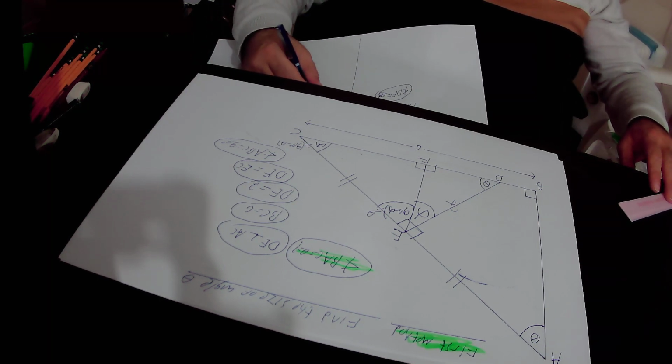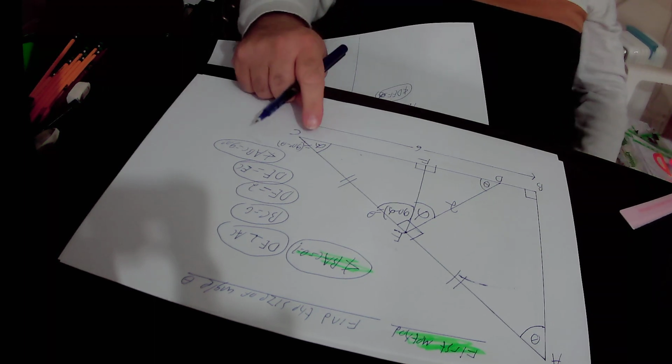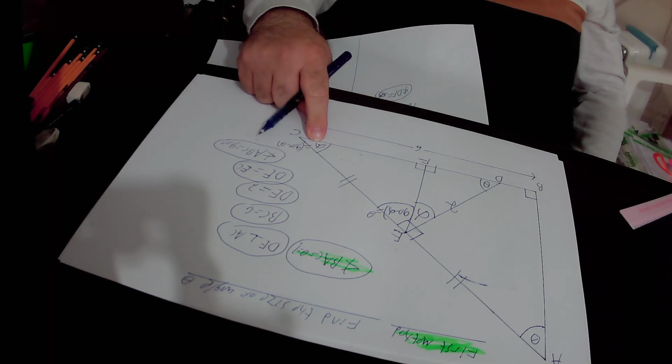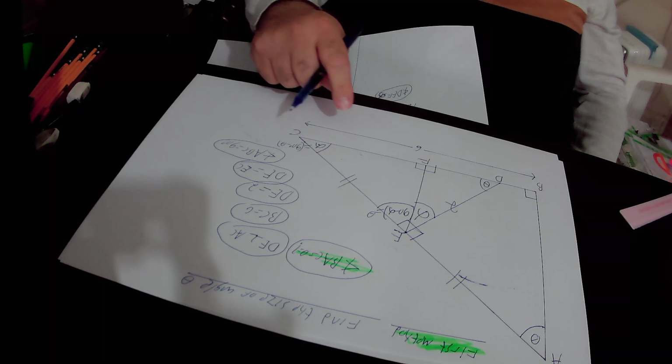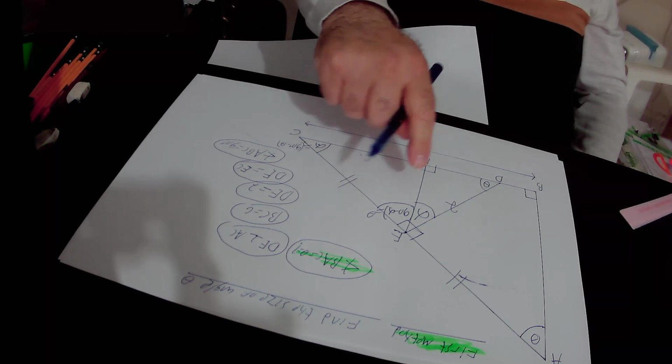In addition, this angle is a common angle that belongs to both triangles. It belongs to the big triangle, triangle ABC, and it also belongs to the small triangle, triangle EFC.